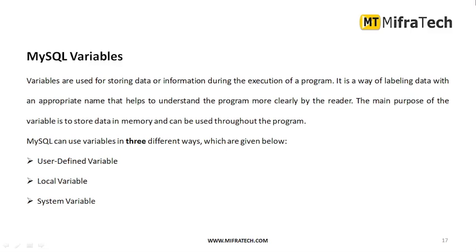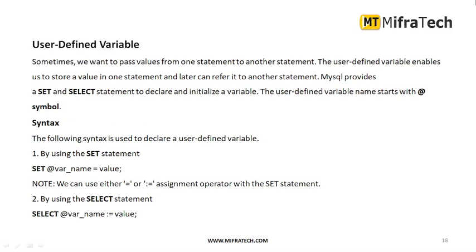MySQL can use variables of three different types, which are user-defined, local, and system variables. For the user-defined variable, sometimes we want to pass values from one statement to another. The user-defined variable enables us to store a value in one statement and later refer to it in another statement. MySQL provides the SET and SELECT statements to declare and initialize a variable.